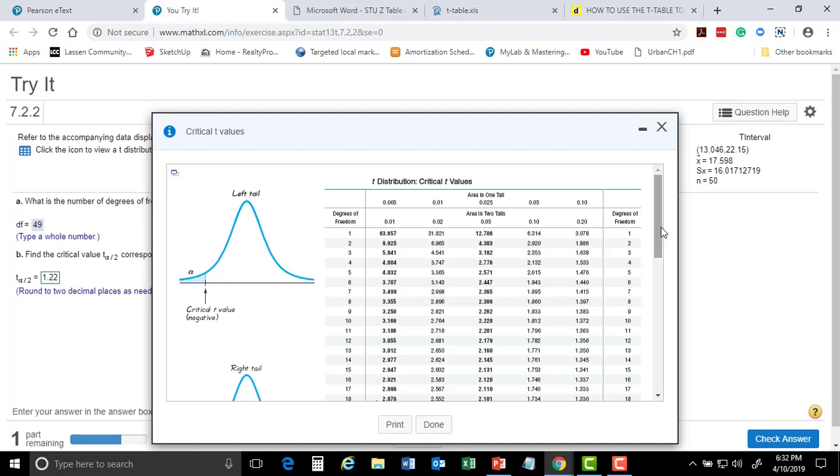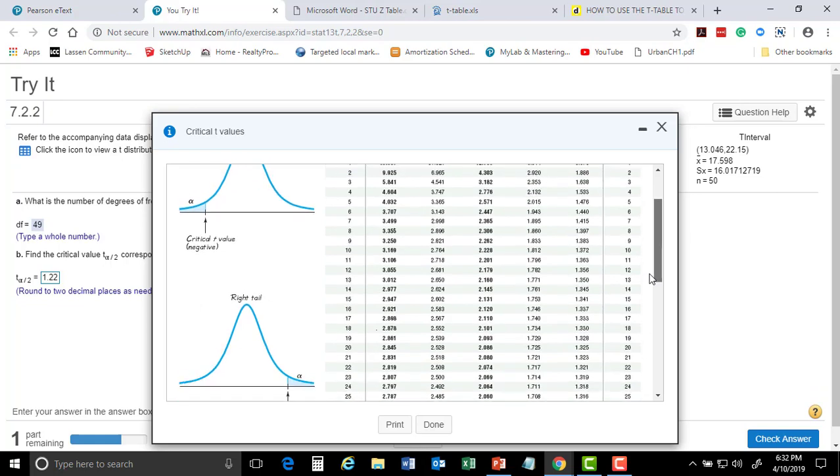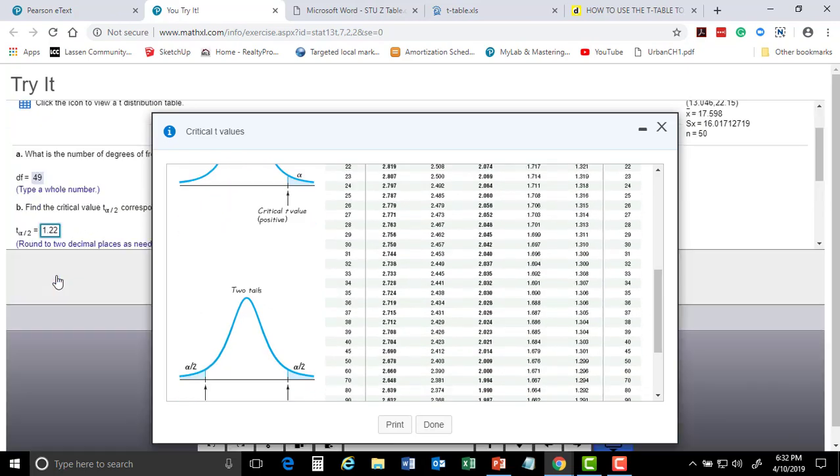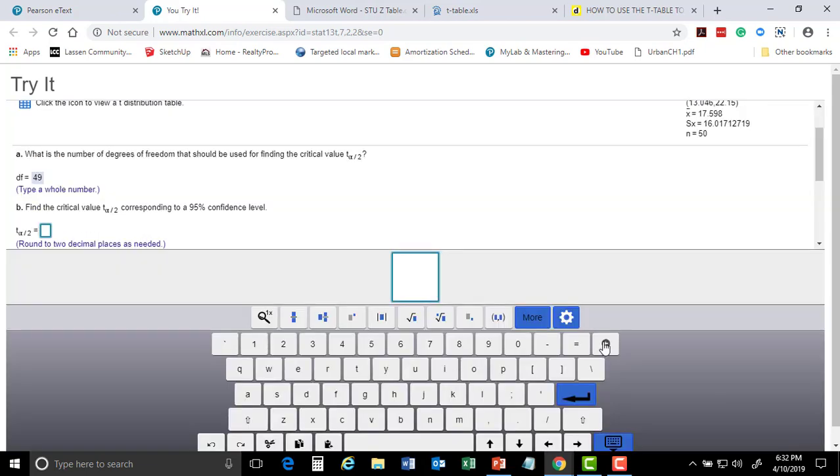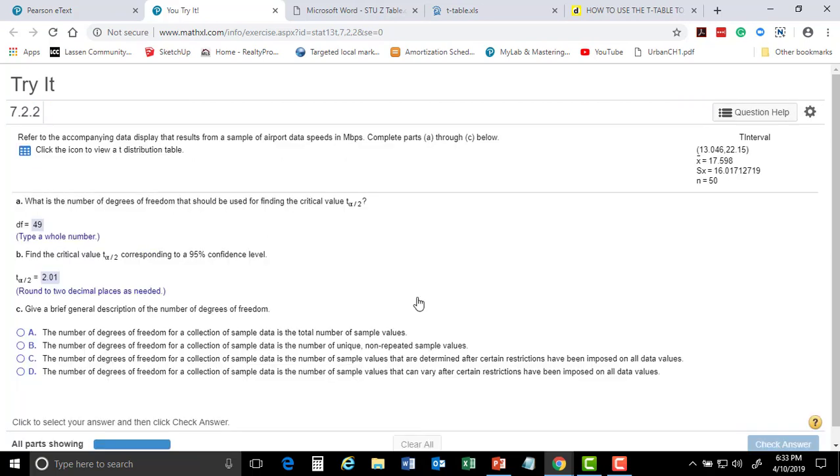If they mean alpha divided by 2, then it's like a two-tail. That's 0.05 with 0.025 on one side and 0.025 on the other. If you take that one down to 50, they just put 2.01. So it was 2.01. It's still different than 1.96.